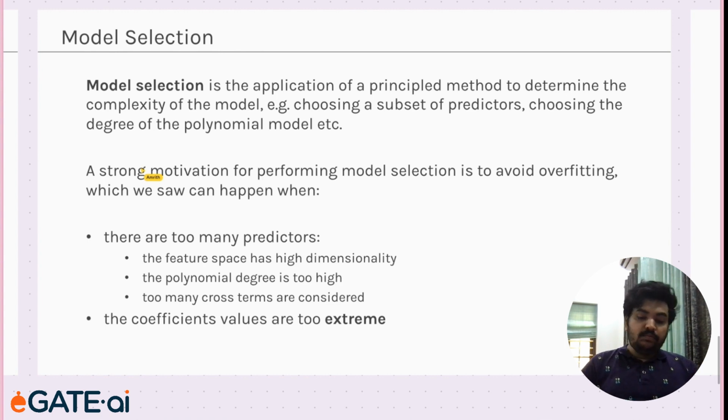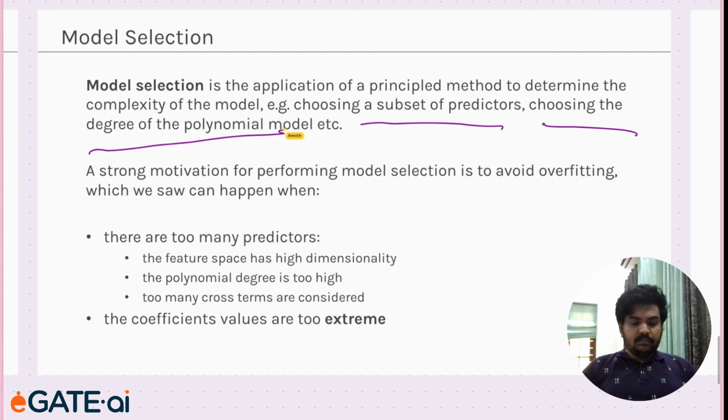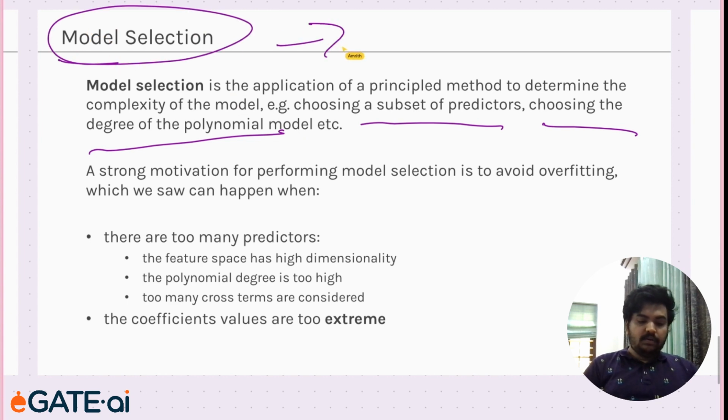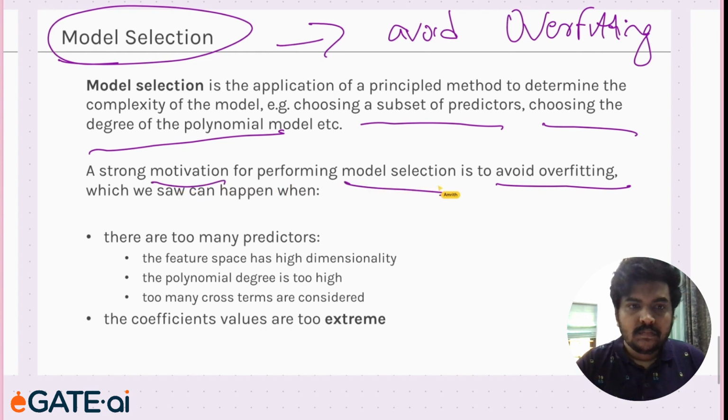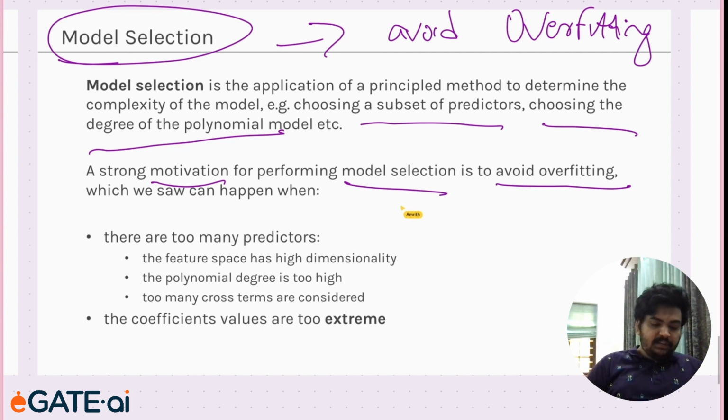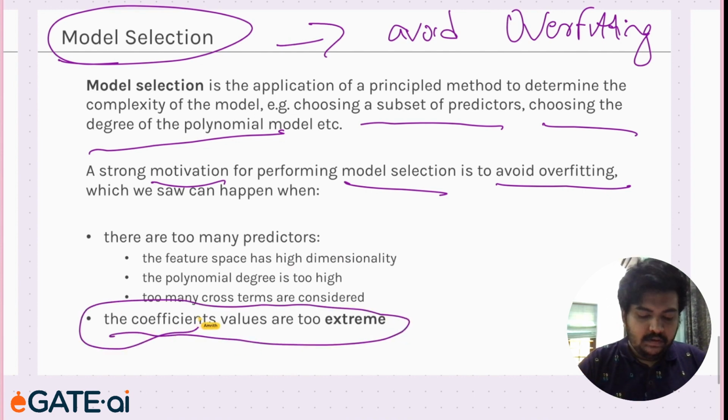It may involve choosing the subset of predictors, choosing the degree of polynomial, etc. And of course, we need model selection to avoid overfitting. Another aspect which we didn't cover is that when the coefficient values are too extreme, that also leads to overfitting, which we will discuss now.